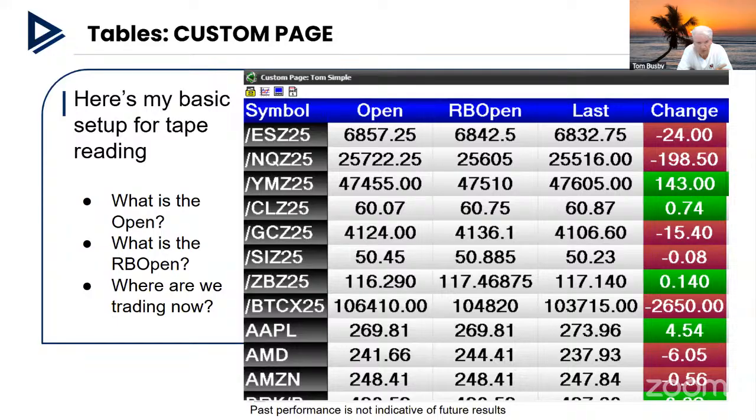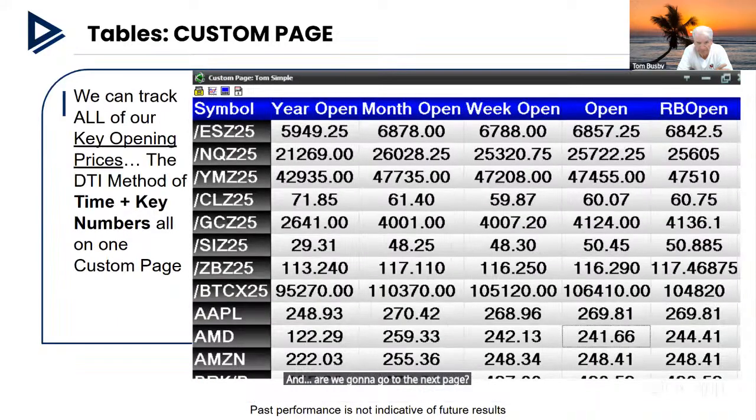And are we going to go to the next page? Anybody there?